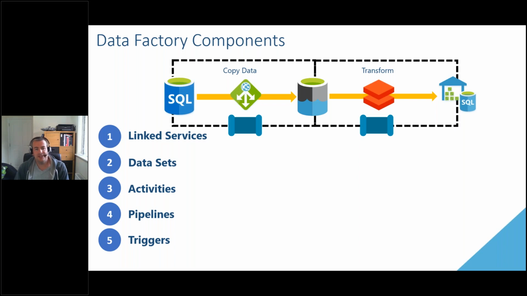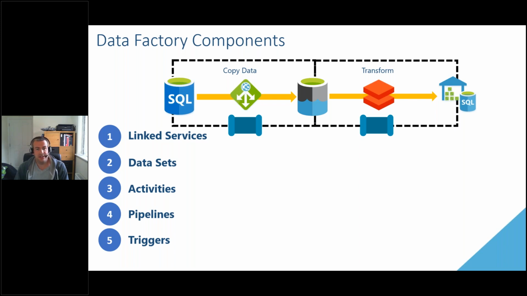Then number 2 is this idea of a dataset. This isn't necessarily the actual data that we want to work with, but this dataset is something that we create within Data Factory as a component. It will authenticate using our linked services, number 1. Again, if we take the example of an Azure SQL database, the dataset will contain the information about the table that we want to work with.